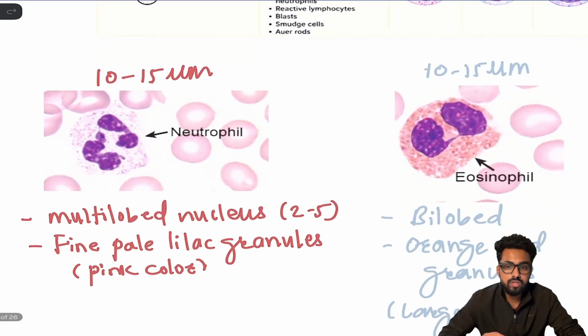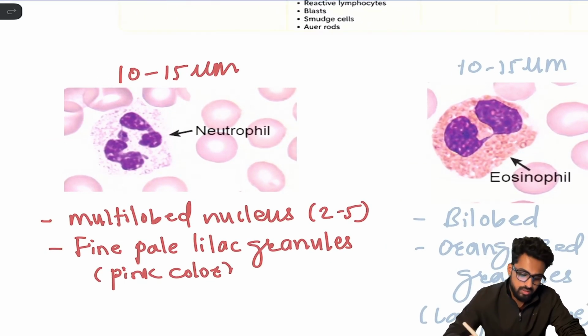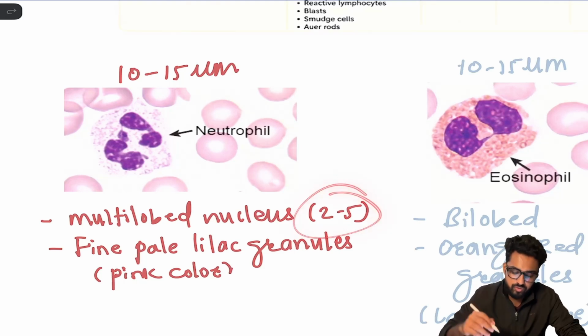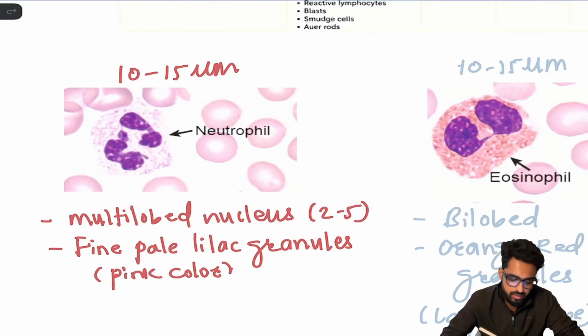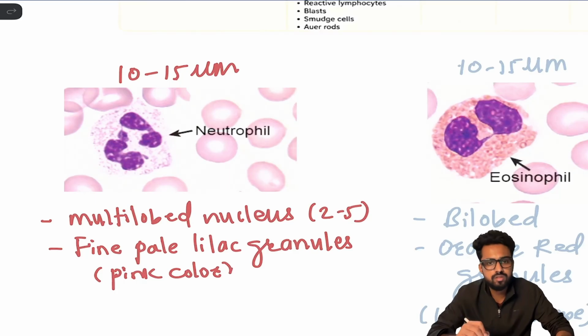First, we will go with the neutrophil. This is a granulocyte. Size is 10 to 15 micrometer. It has a multi-lobed nucleus, that is 2 to 5 lobes can be there, attached by these strands. So these are the attached nuclear lobes, you can see in the image.